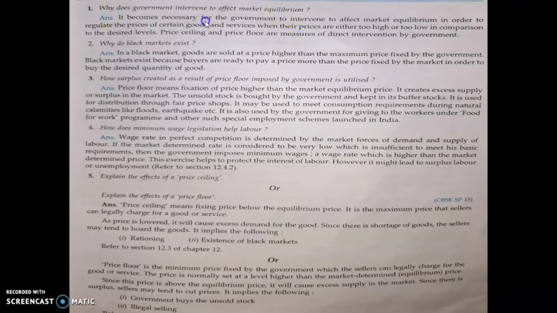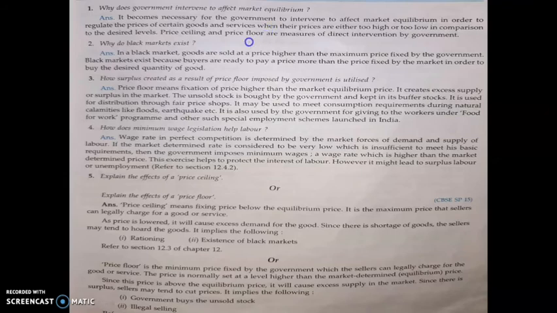It becomes necessary for the government to intervene to affect market equilibrium in order to regulate the price of certain goods and services when the prices are either too high or too low in comparison to the desired level.